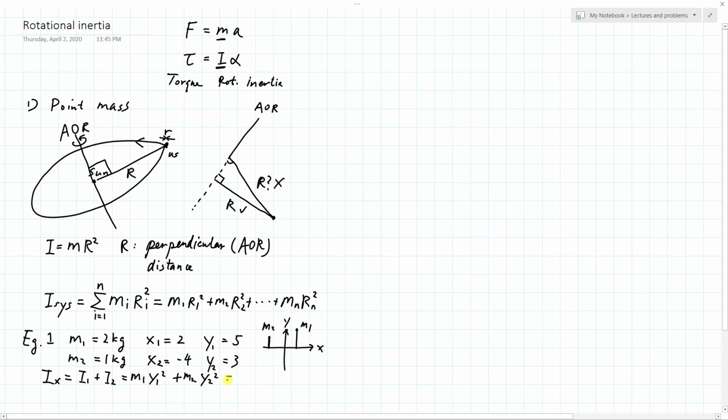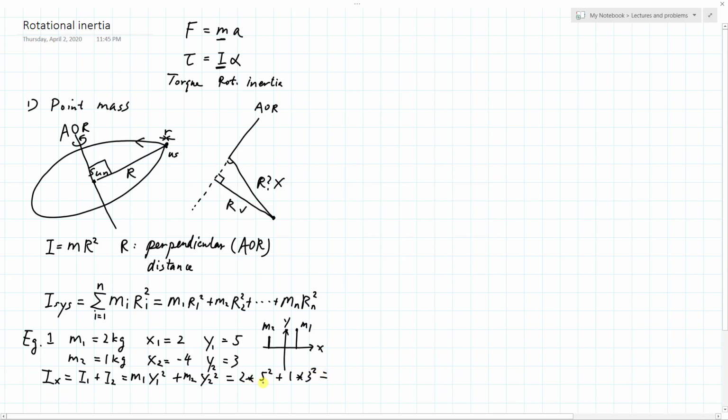So you may want to pause the video and use your calculator for the answer. Okay, we're back. So m1 is 2 times y1 is 5 squared, plus m2 is 1 times y2 is 3 squared.